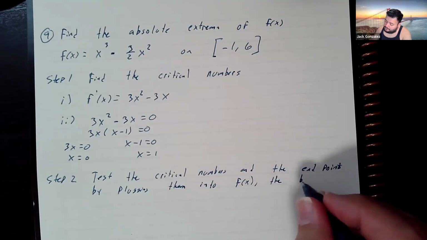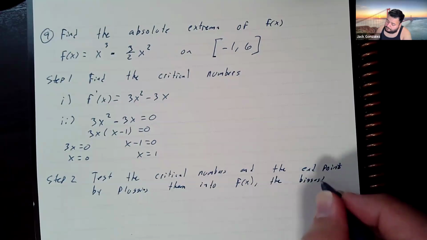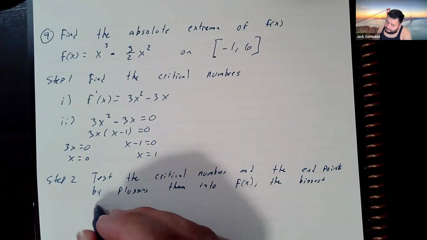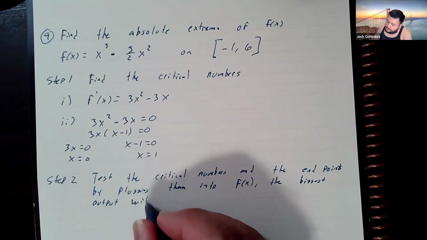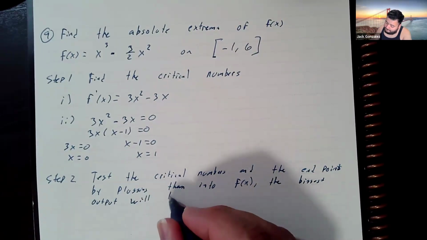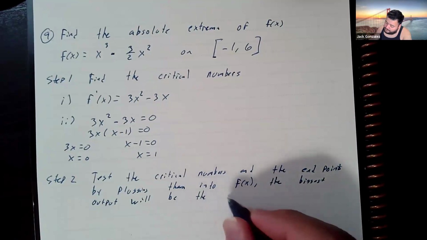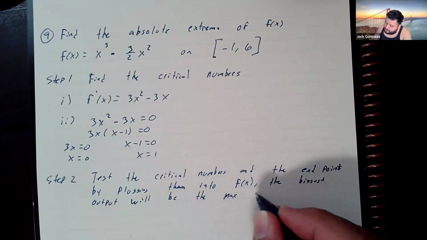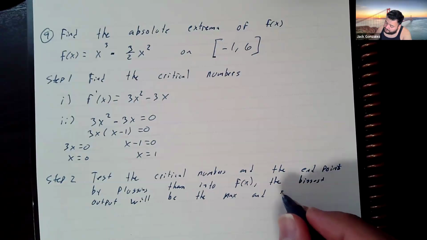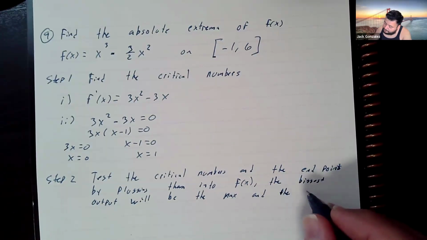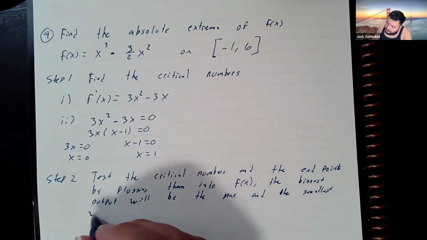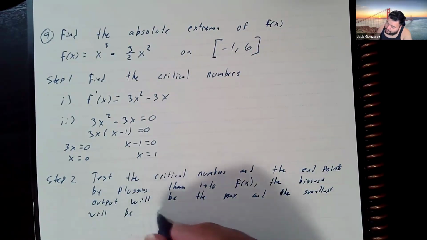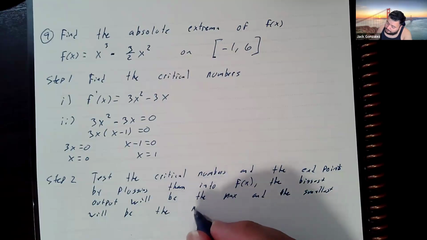The biggest output will be the maximum, and the smallest will be the minimum.